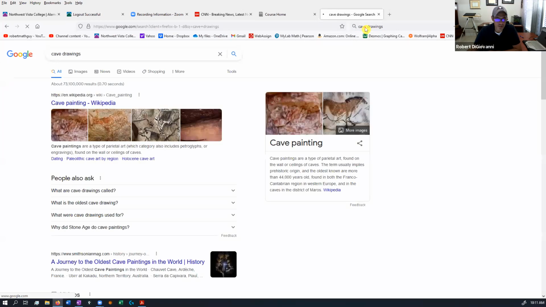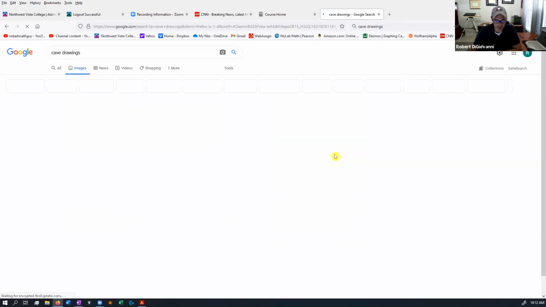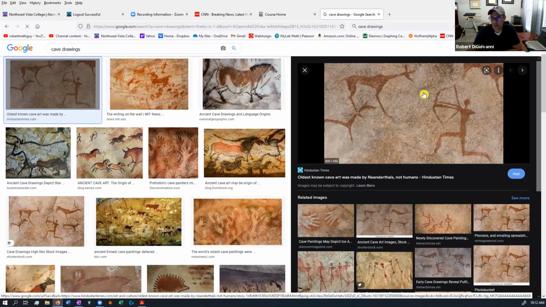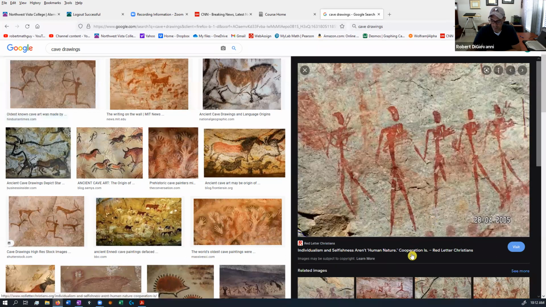These are drawings done by cavemen, cave women, cave whatevers. Here's a drawing. This is the oldest known cave art, made by Neanderthals, not humans. So this isn't even humans. And when you look at these things, what would you say?